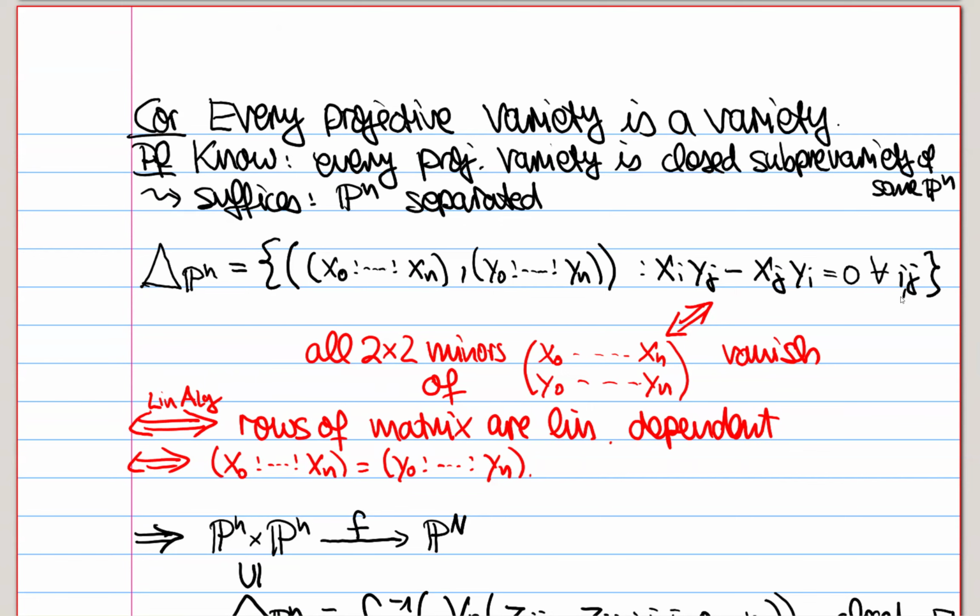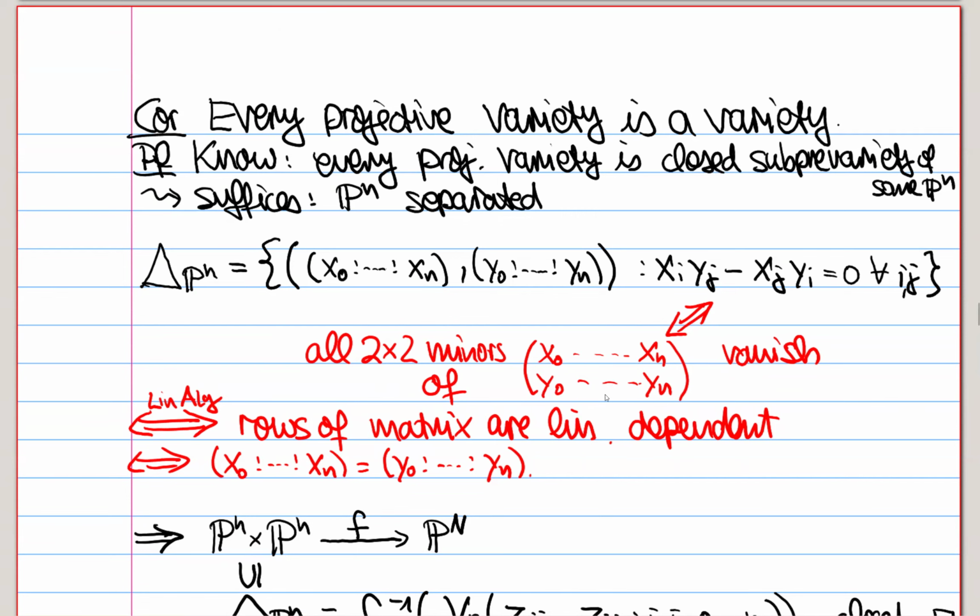And to prove that claim, note that these cross products here are exactly the 2 cross 2 minors of this matrix here. Right, because 2 cross 2 minors means you choose some i and some j, and then xi times yj minus xj times yi is exactly the determinant of this 2 cross 2 submatrix.